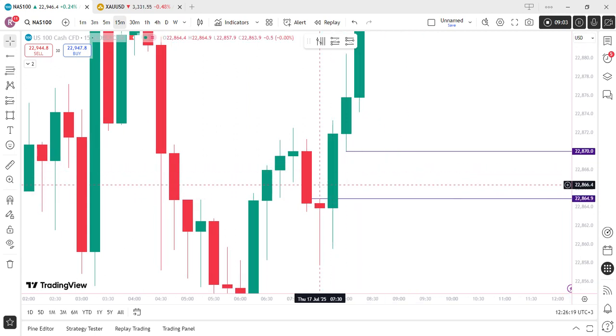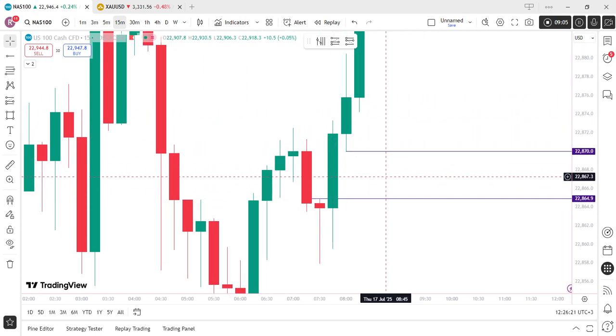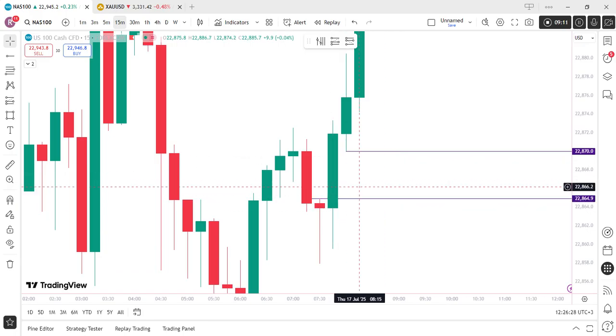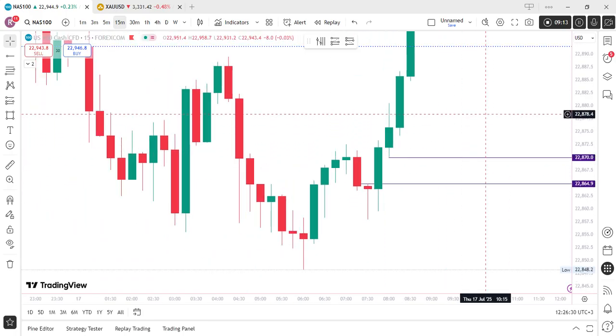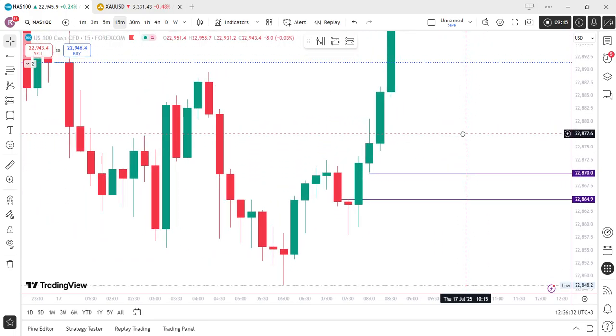This was not fair, so it has to come back and rebalance that inefficiency so that we can have a fair trade. So later on, this gap will be filled. Often price leaves those gaps open to be filled later at a specific time.